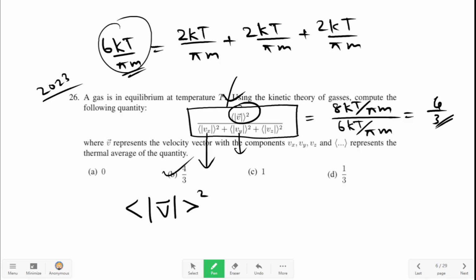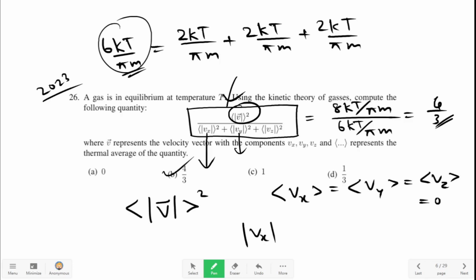Now it is not practical to derive all the results during the exam, so you can remember some of the results. The average values of Vx, Vy, and Vz are all equal to 0. But when you take the modulus of Vx and then take the average, this will be equal to root of 2 kT upon pi m.